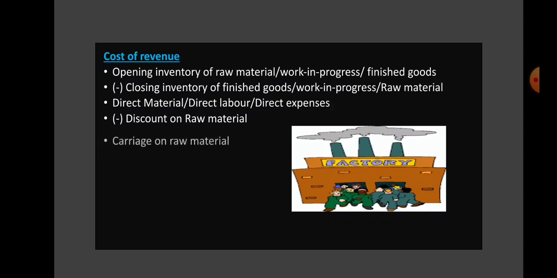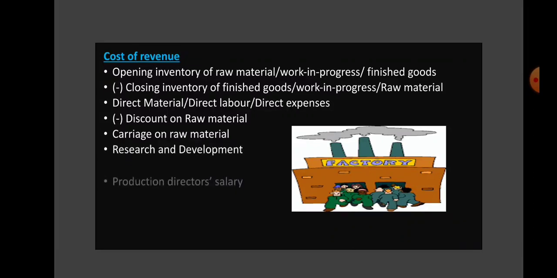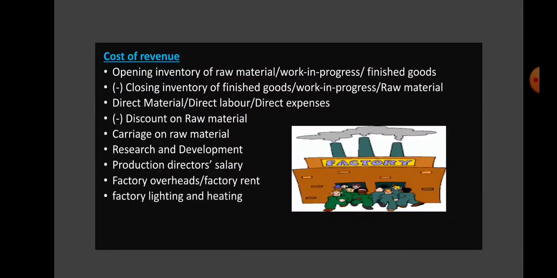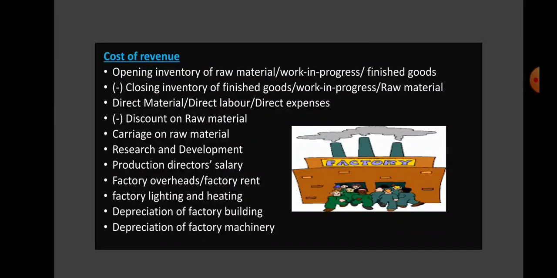Then we need to take all the other factory related expenses like carriage on raw material, research and development expenses, production director's salary, factory overheads, factory rent, factory lighting and heating, depreciation of factory building, and depreciation of factory machinery. After that, we add the total of this, and that answer should be taken to the format.